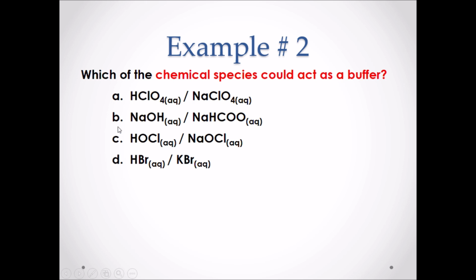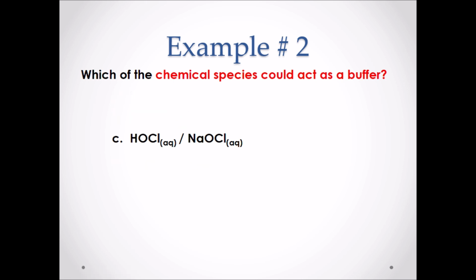If we look at option B, we have NaOH and NaHCOO. They are not conjugates, so therefore this can also not be a buffer. Therefore, as a result, the buffer is HOCl, which is a weak acid, and the salt of its conjugate base, NaOCl.